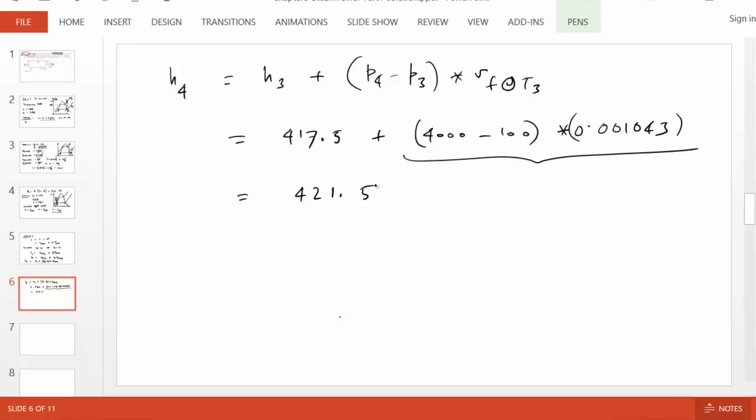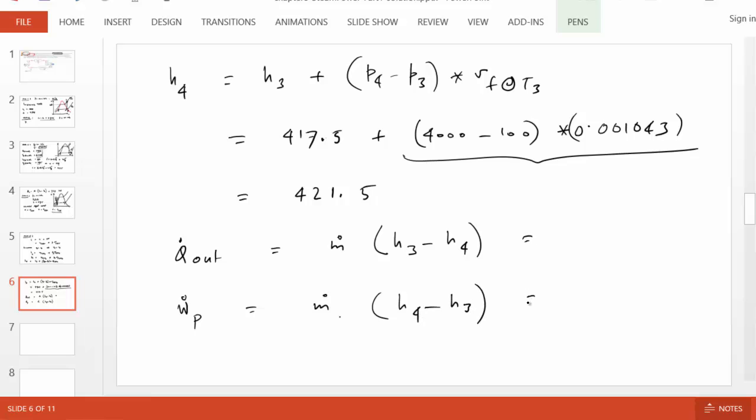So now we practically have calculated all the states. So now we can calculate the heat out, Q dot out, as m dot H3 minus H4, and W dot pump as m dot H4 minus H3, the bigger minus small, and we have all these numbers now. And what is Q dot in?